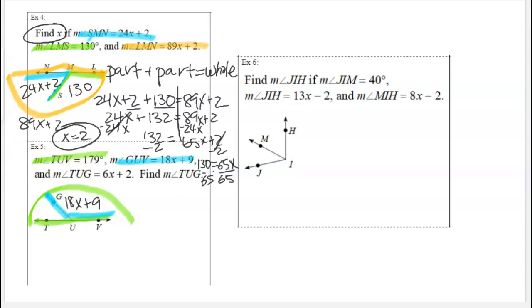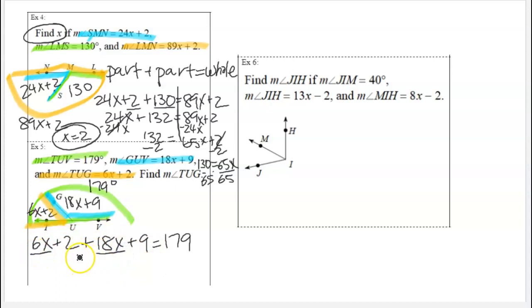And finally, TUG is 6x plus 2. And I forgot to note my 179 degrees there. Okay, so we're going to take part plus part equals whole. So my first part is 6x plus 2. My second part is 18x plus 9. And that equals the whole angle measure of 179.